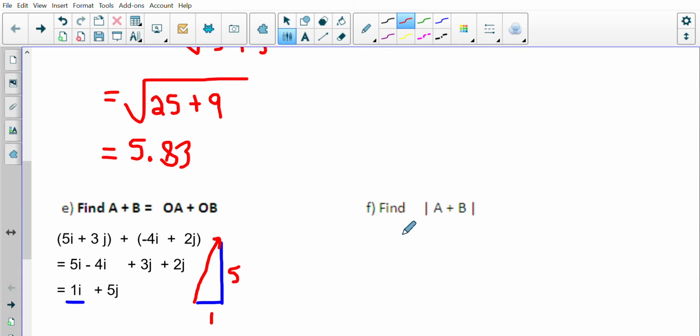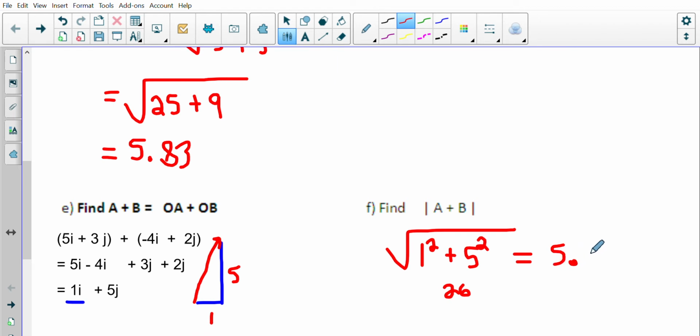So again, I'm going to use the Pythagorean theorem, where I take the square root of 1 squared plus 5 squared. 1 squared is 1, 5 squared is 25. Add them together, that's 26. If I take the square root of 26, I end up with 5.1 as the size of that vector, A plus B.